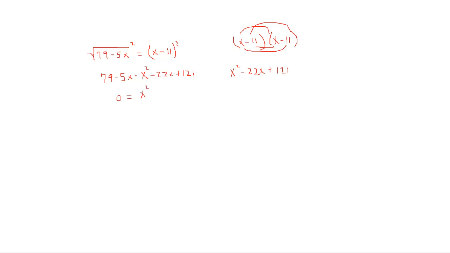And I'm going to add 5x on both sides. So if I add 5x here, I have to add 5x here on the right side. And of course, in order to get a 0 on the left side, I had to subtract 79 on both sides.